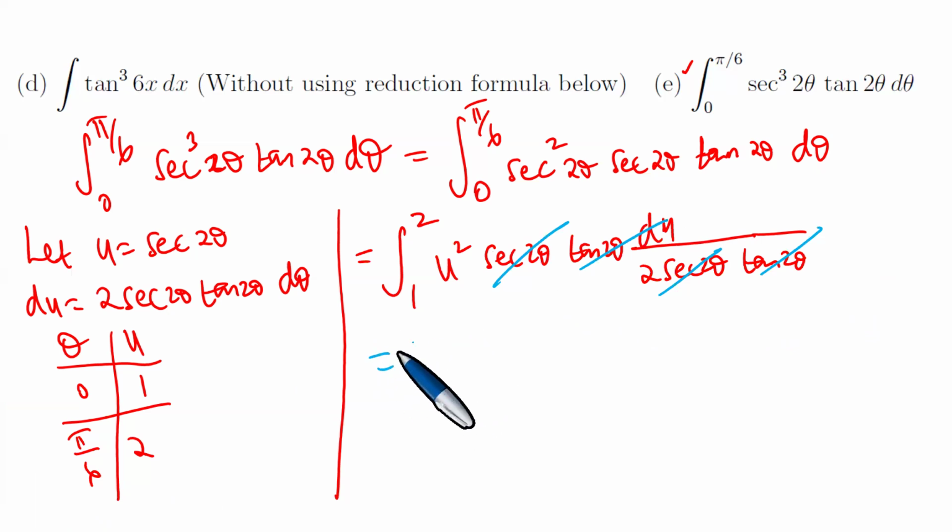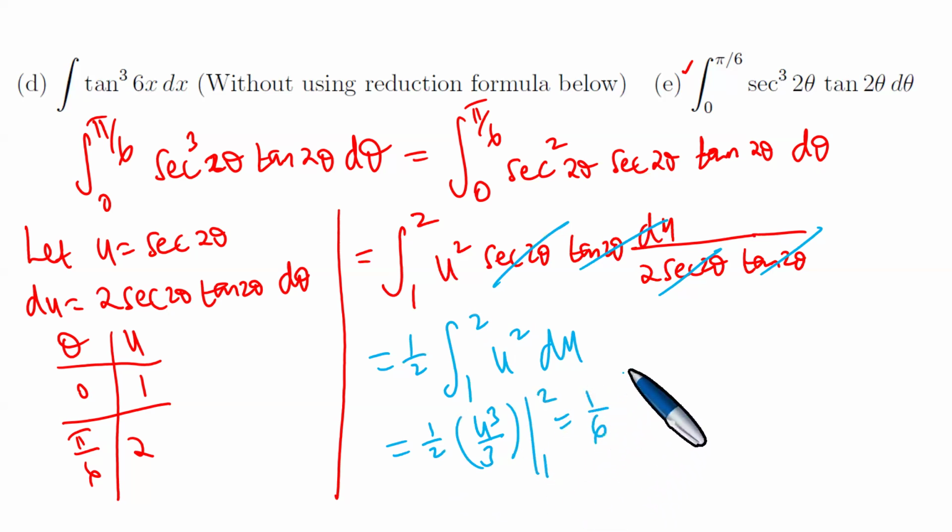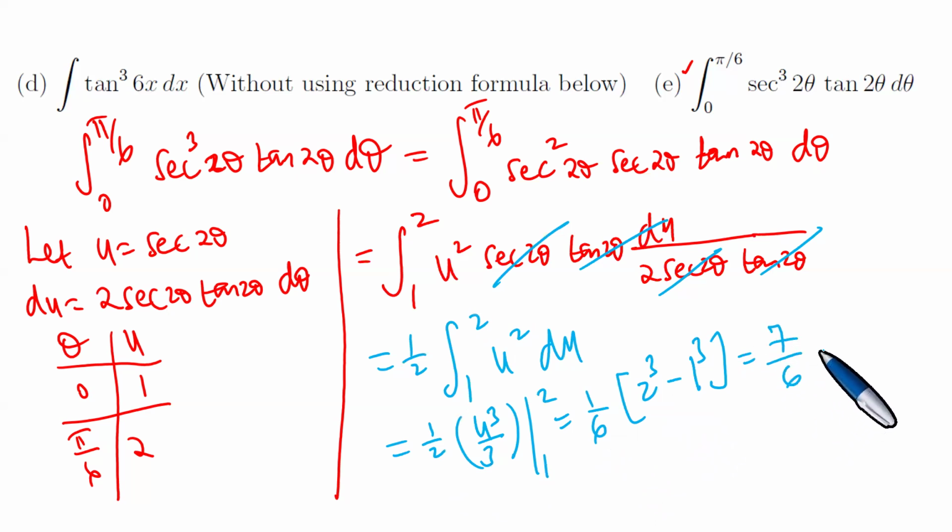So this is exactly u squared du. This is one third u cubed, so it's 2 cubed, which is 8, minus 1, over 3, which is 7 over 3.